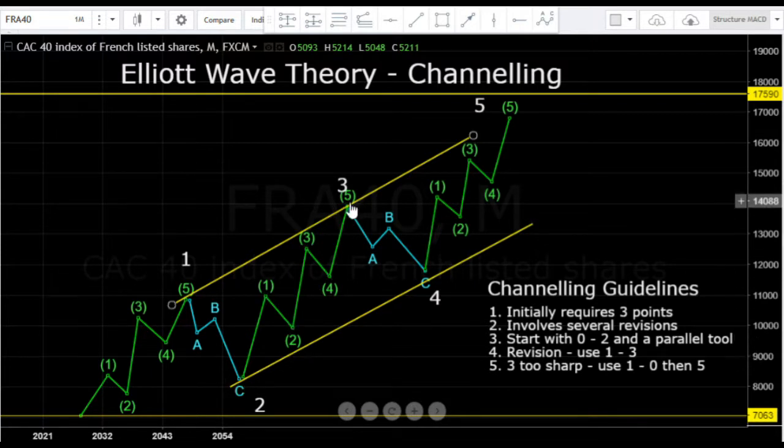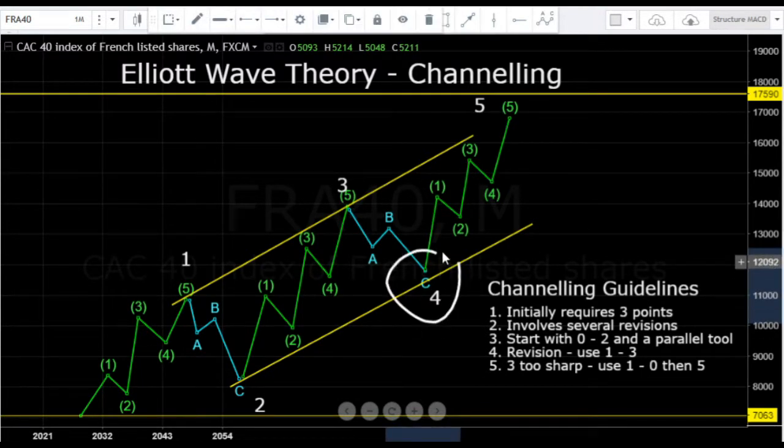So now, from the end of 3, we have a very good target for 4. The chances are when 4 comes down into this region, and this is what we call, well, they're called pivot points, or as I like to call them, decision points.